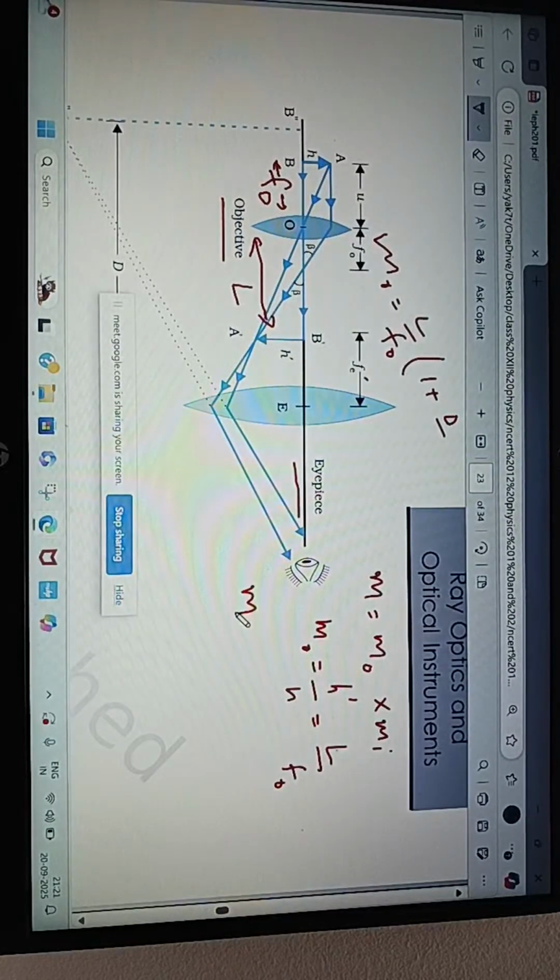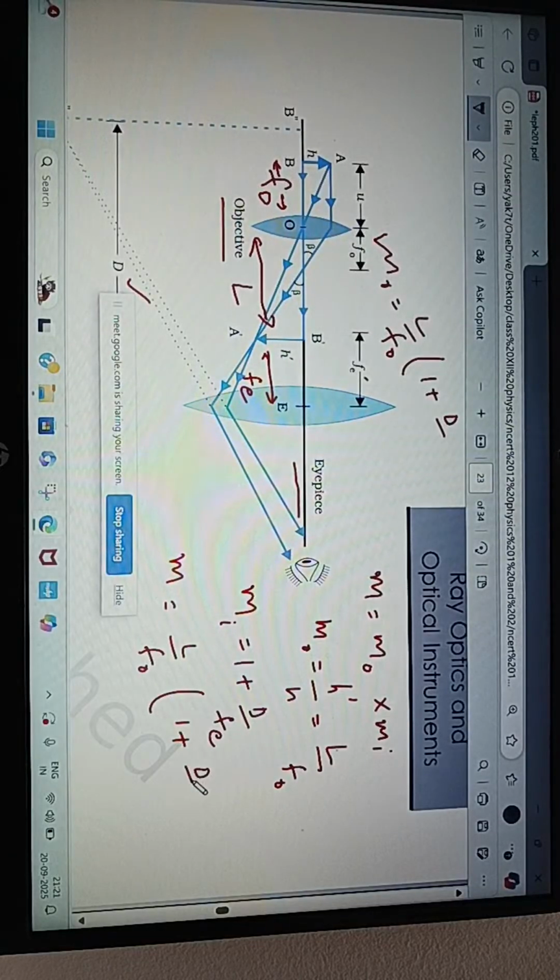And what is magnification of the image? We have already derived it in the above cases. The image is forming at the distance of distinct vision, so we can write the formula directly. Total magnification is equal to L by f0 into 1 plus D by fe. This is one case.